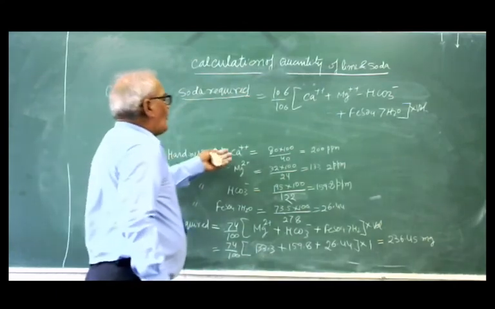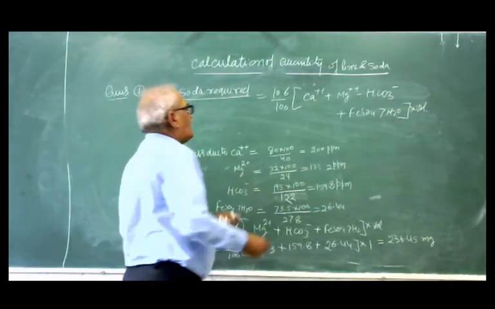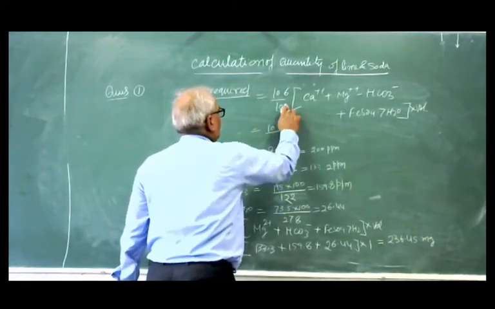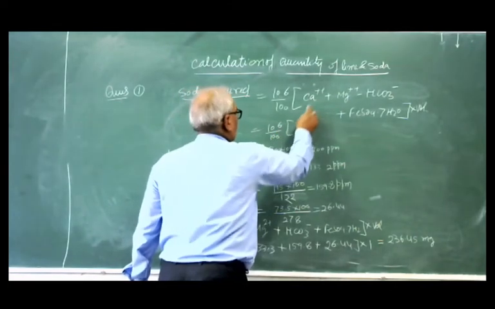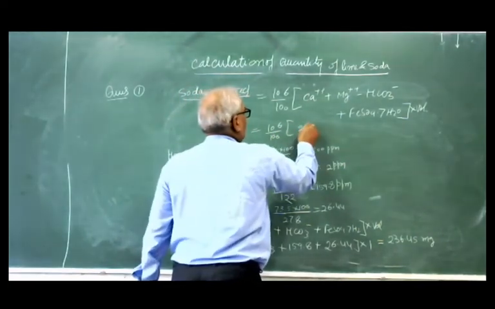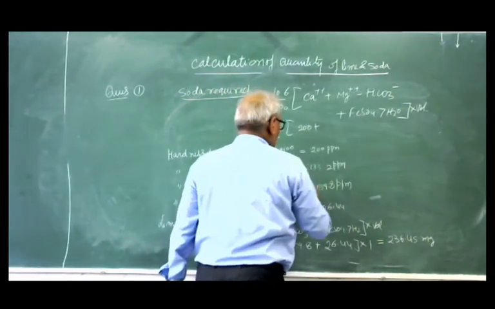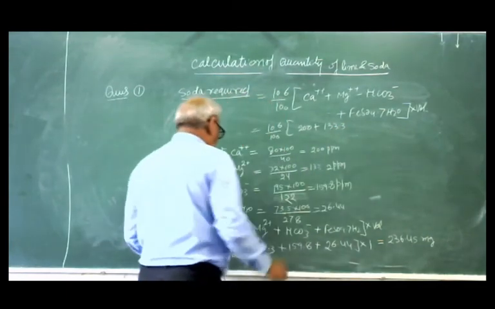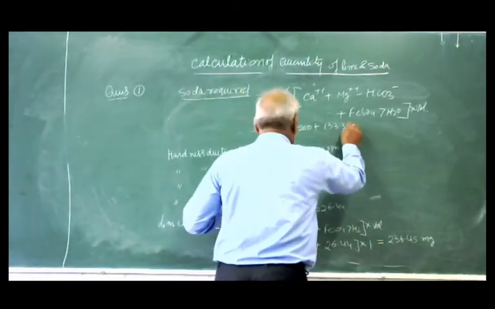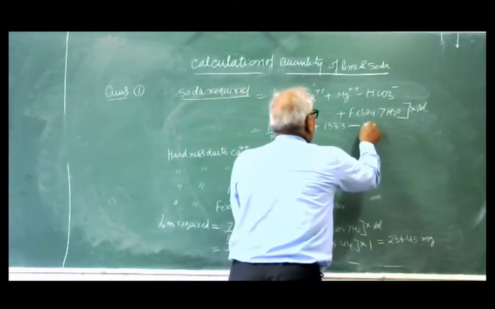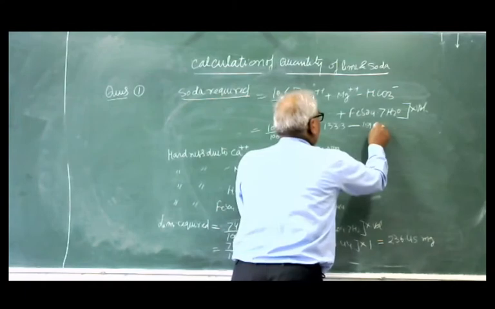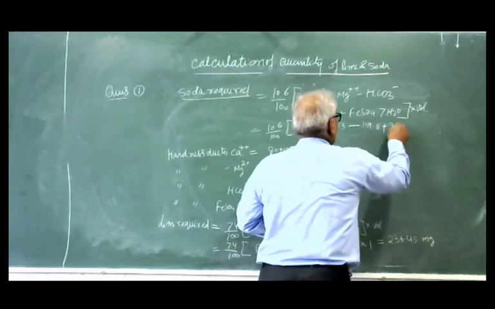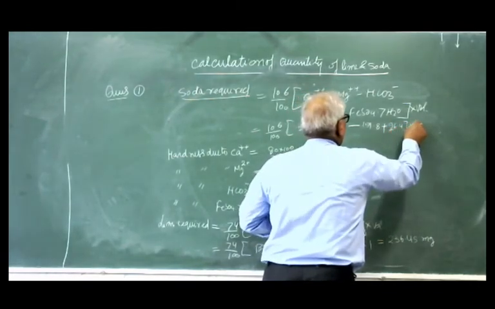Already you know what is the value of the hardness created by calcium ion. Here you can put 106 upon 100. Here calcium ion hardness 200 plus hardness due to magnesium ion, this much, 133.3, and hardness due to bicarbonate minus 159.8 plus hardness due to ferrous sulfate, it is 26.4 in this one, into 1.